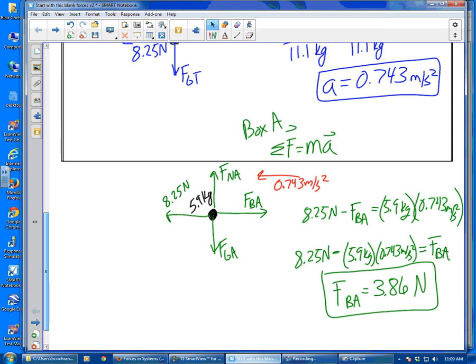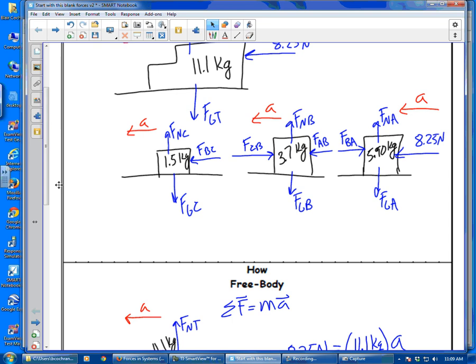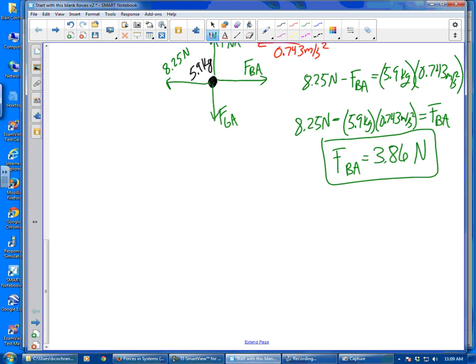Now I need to do the other one. And I would say let's use box C to do that one. Less forces again, right? So I start with my equation. And we're going to do box C this time. So I do my free-body diagram again.